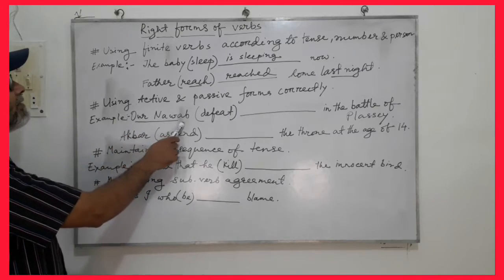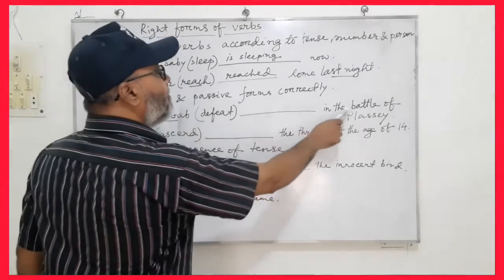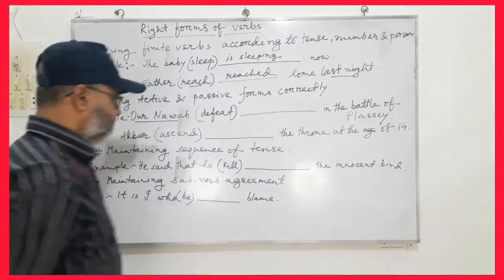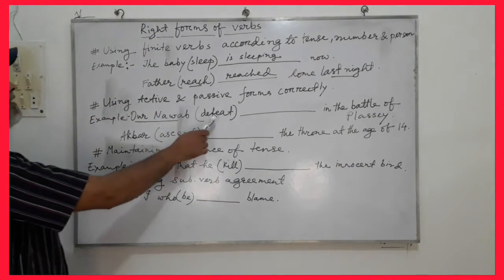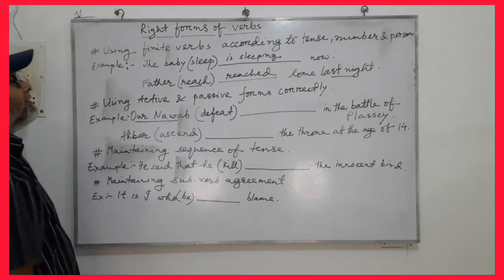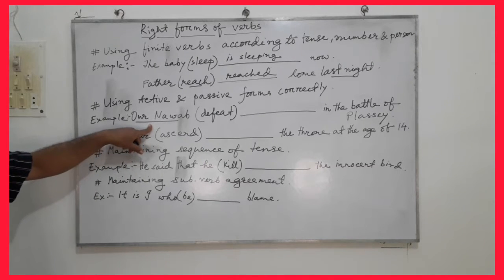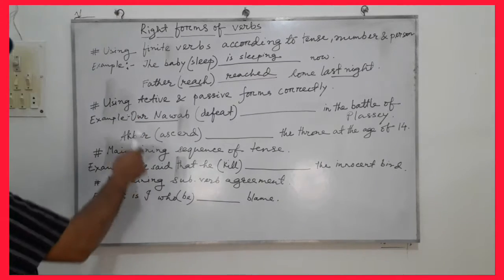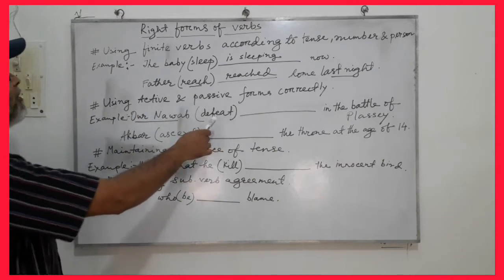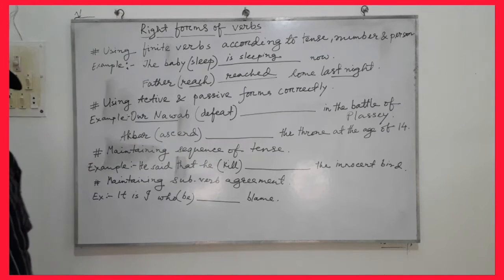Our Nawab defeat in the Battle of Plassey. Here, the work of defeat is not done by the subject itself. So here subject is inactive or passive. So we have to use the verb in passive form.